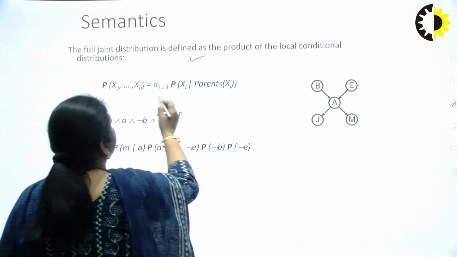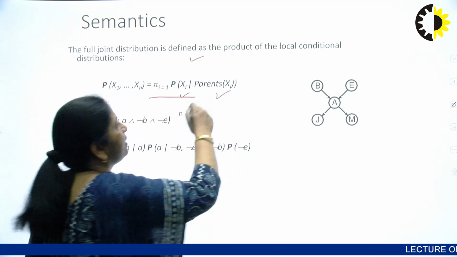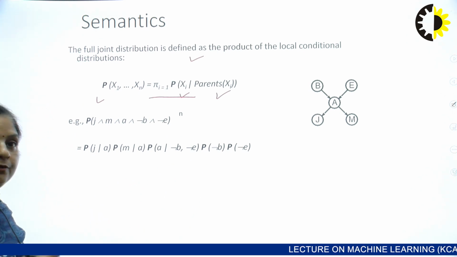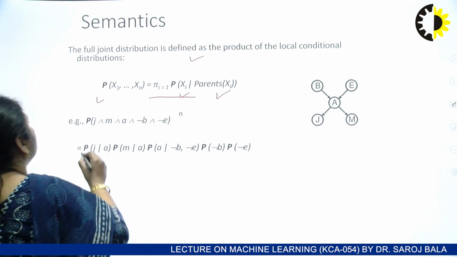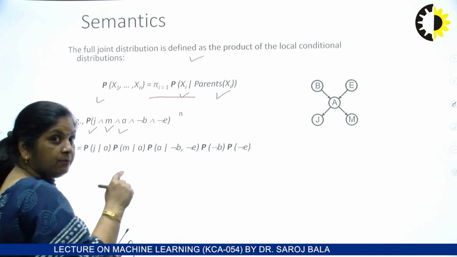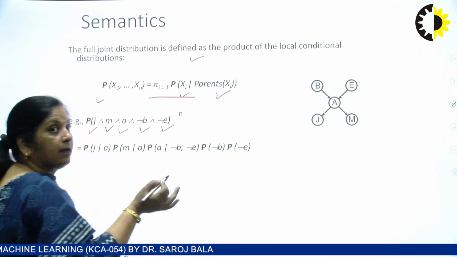So it is the product of probability of xi when parent of xi is given. So how do we do it? Let me say I want to calculate the probability of John calls and Mary calls when alarm is there, but neither burglary nor earthquake has taken place.